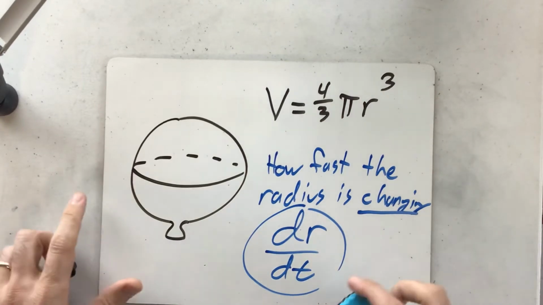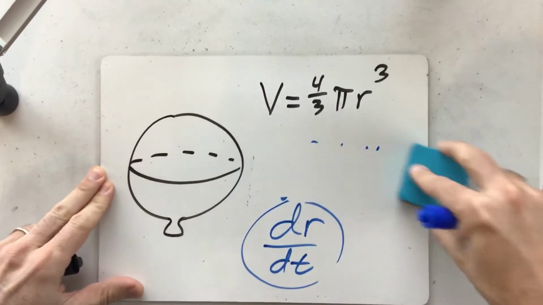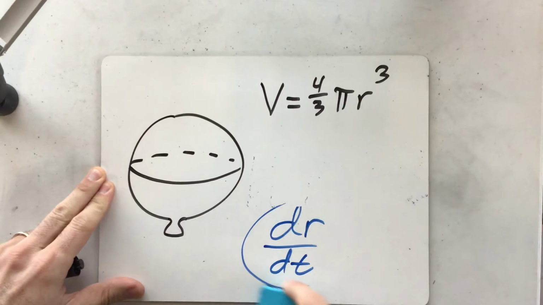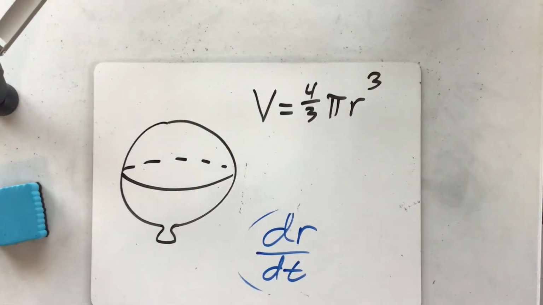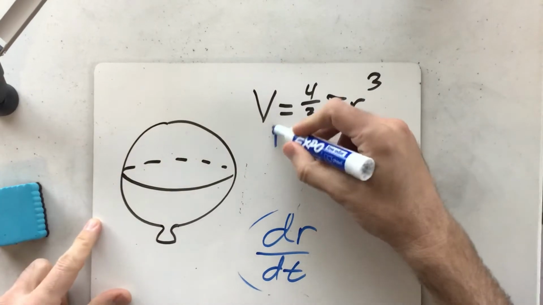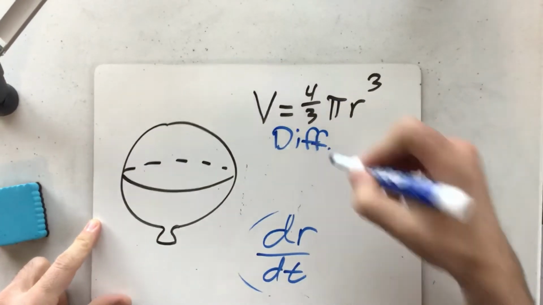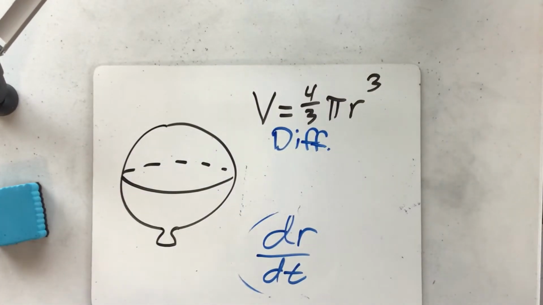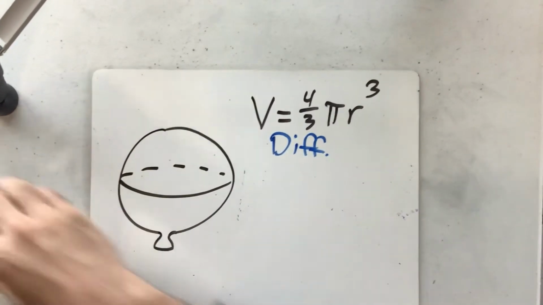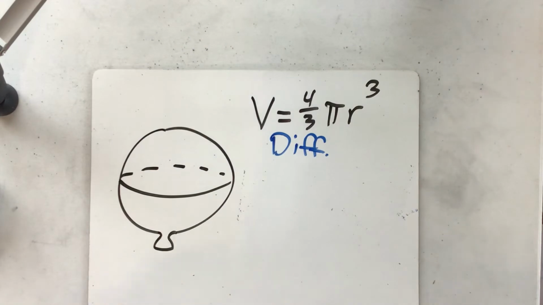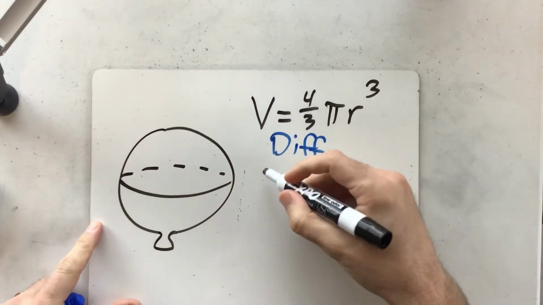Okay, so if we want to know how fast it's changing, I need to not look at this equation, but I need to look at the derivative of this equation. So I want to take this equation and differentiate it.